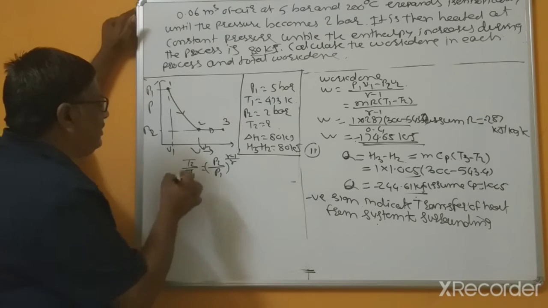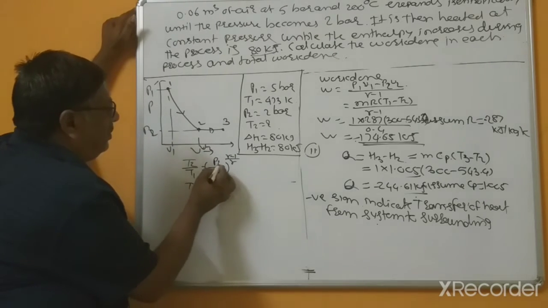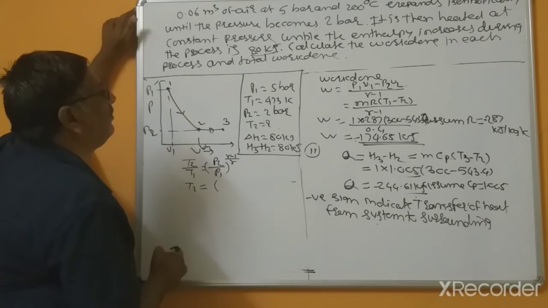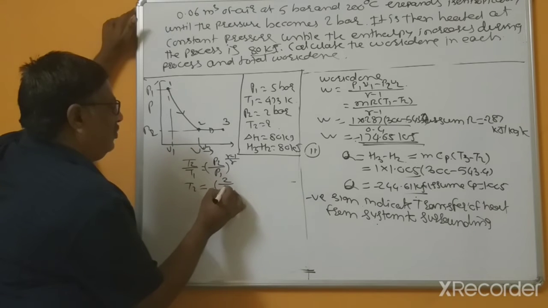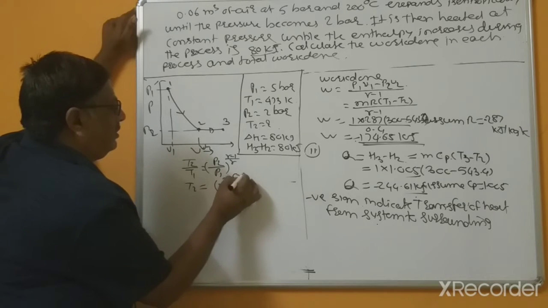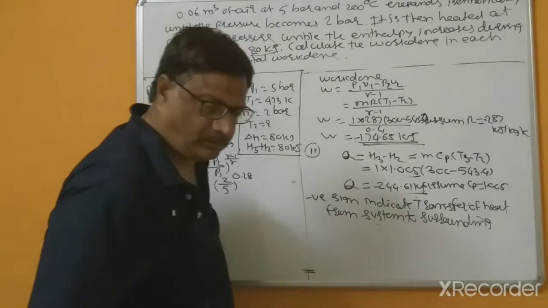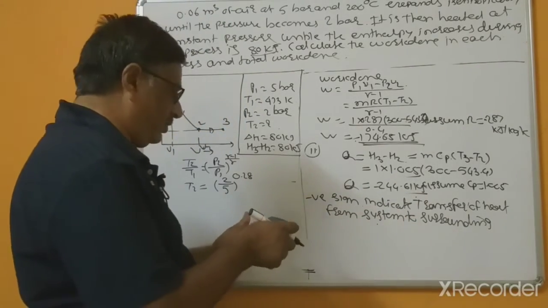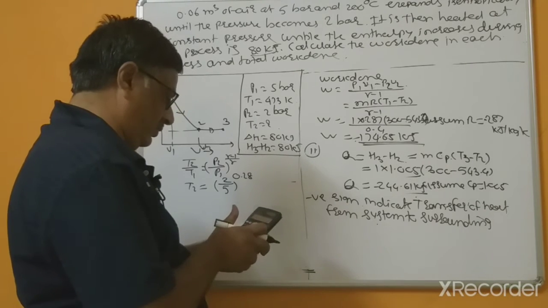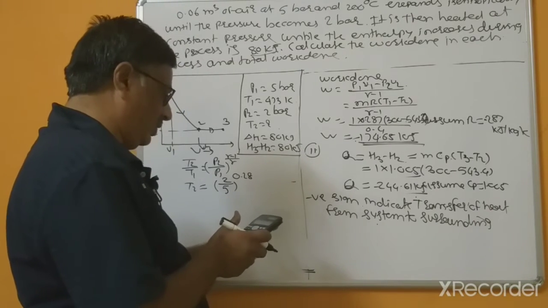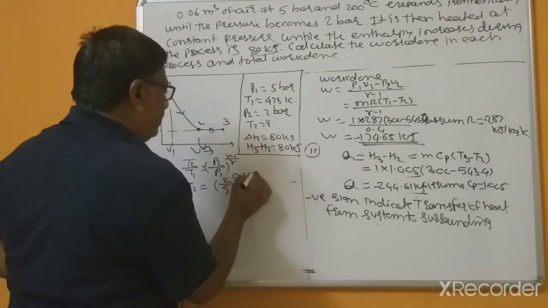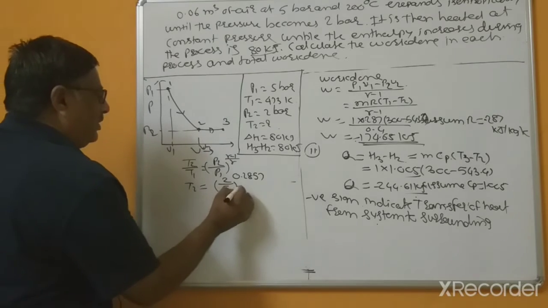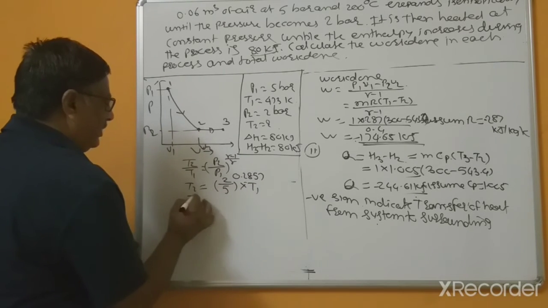And this T2 temperature, because the ratio is less, P2 pressure is small, 2 bar, and this is 5 bar, and the exponent is 0.4 divided by 1.4, this is 0.2857, multiplied by T1.